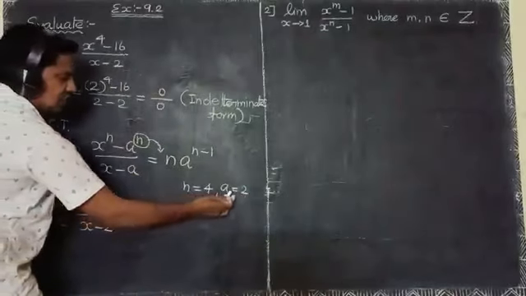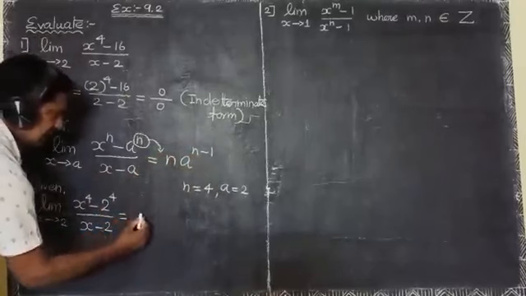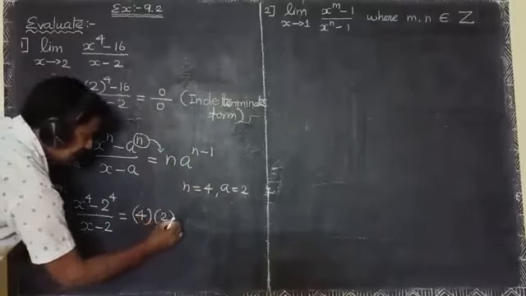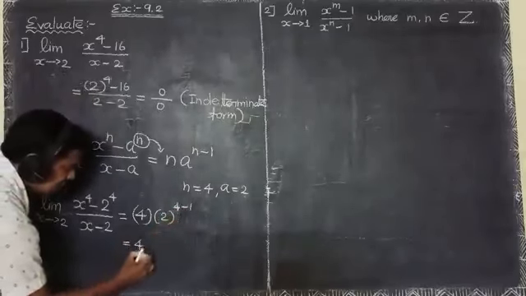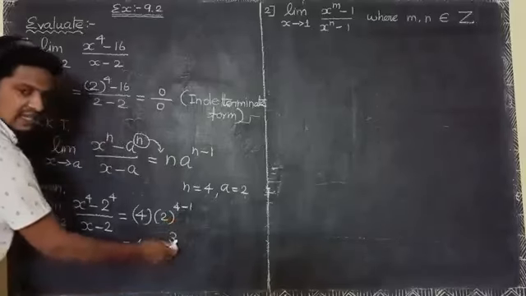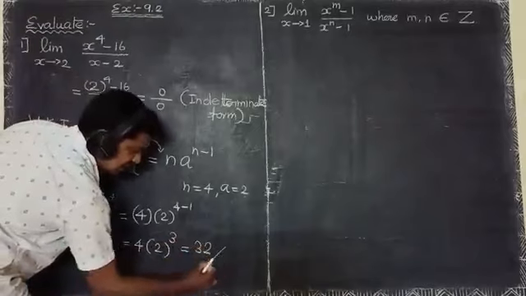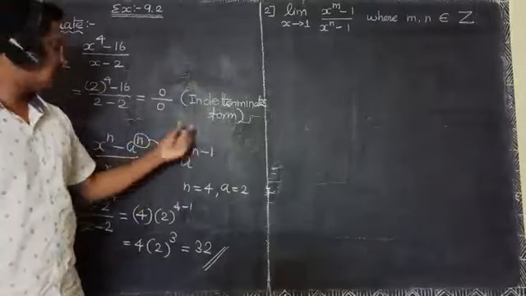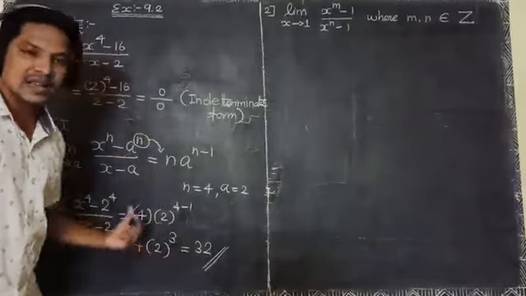Substituting n equal to 4, a equal to 2 into n into a power n minus 1, that is 4 into 2 power 4 minus 1. 4 minus 1 is 3, 2 power 3 is 8, 8 4s are 32. For any indeterminate form, using any one property, we can find the limit of the given function.